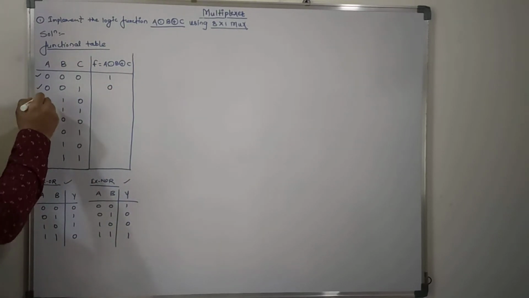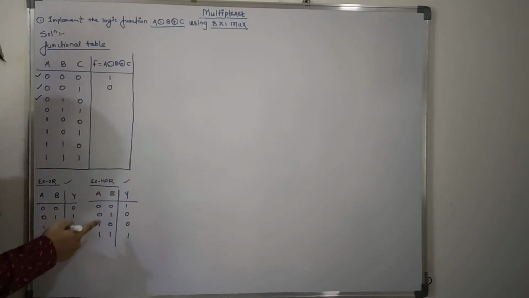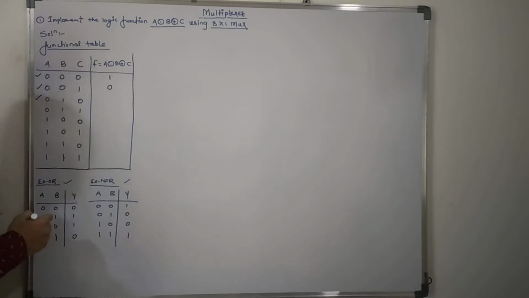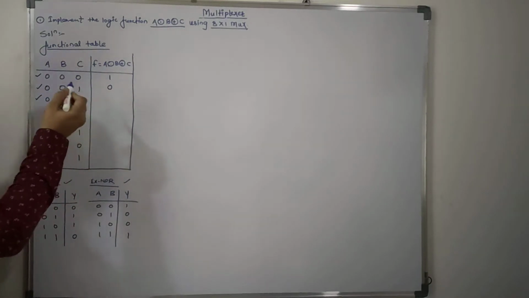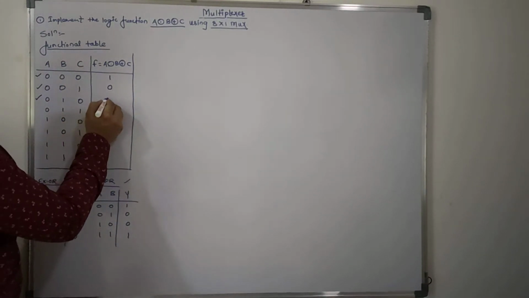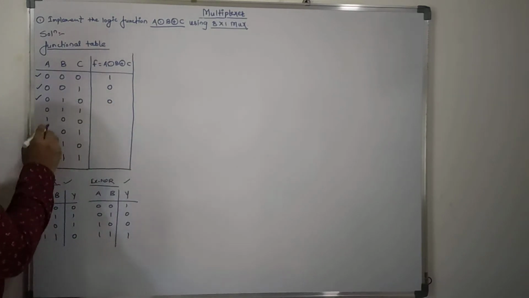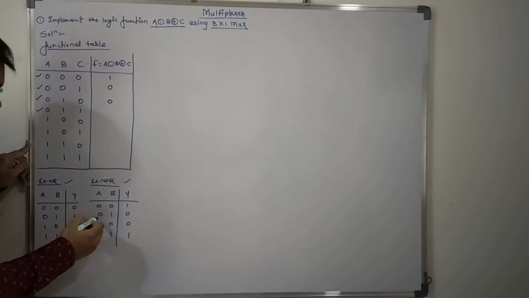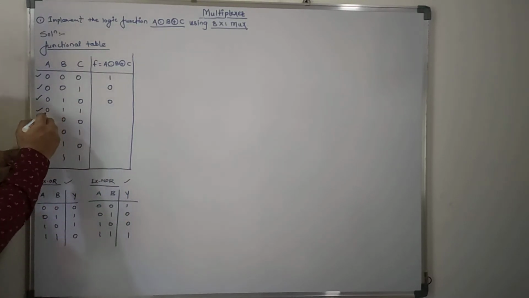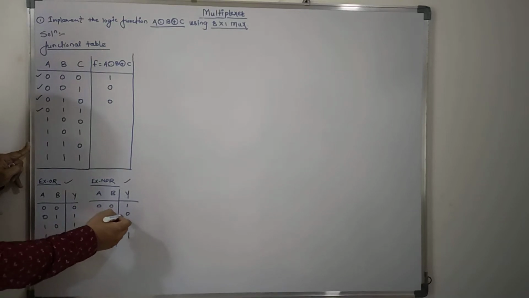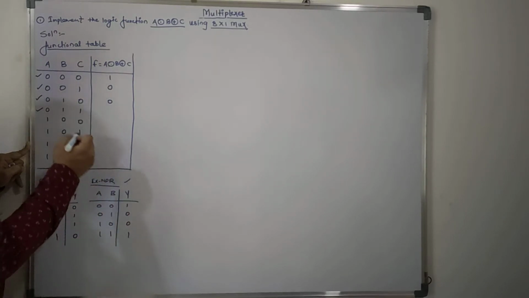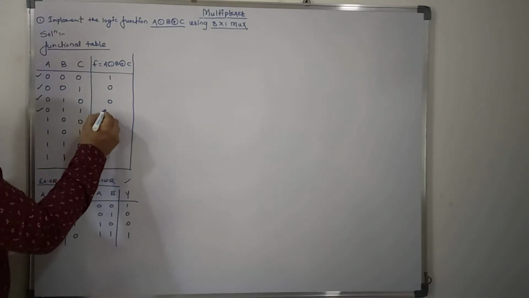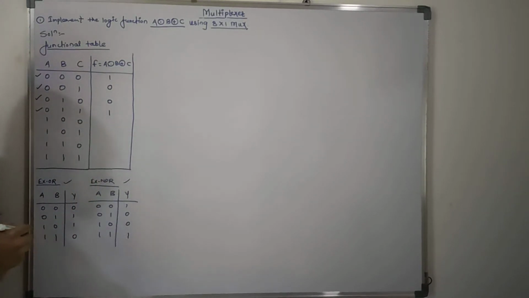Next, for 0 1 0, 0 XNOR 1 is 0, and 0 XOR 0 is 0, so again it is 0. Next, for 0 1 1, 0 XNOR 1 is 0, and 0 XOR 1 is 1, so it is 1.